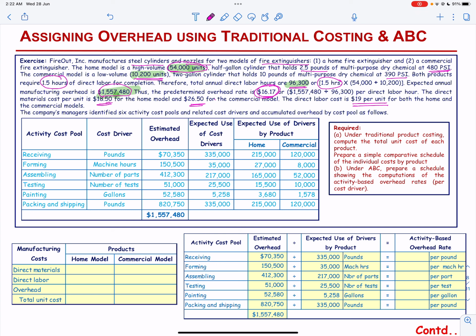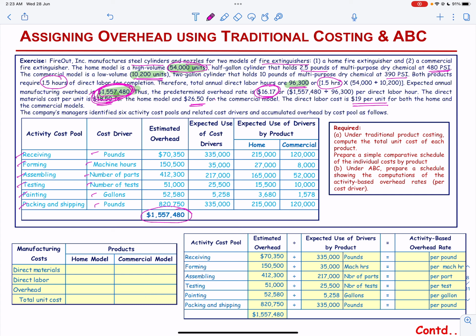The company's managers identified 6 activity cost pools and related cost drivers and accumulated overhead by cost pools as follows. So we have 1, 2, 3, 4, 5, 6 activity cost pools, and there are 6 cost drivers, and that is how they have allocated the estimated overheads for each activity, and you can see this is equal to 1,557,480.